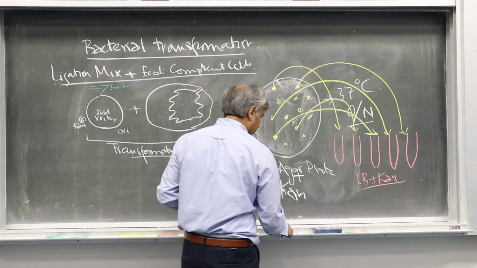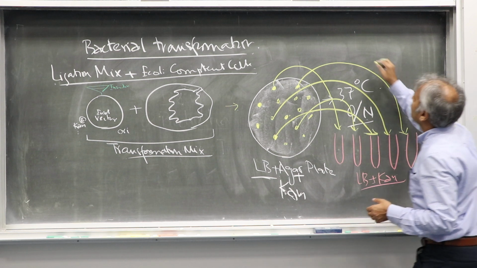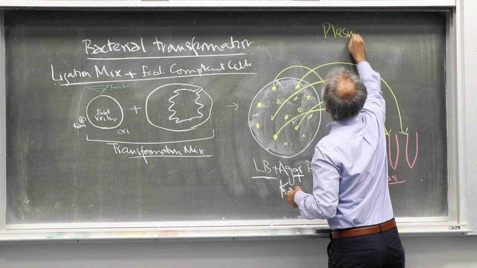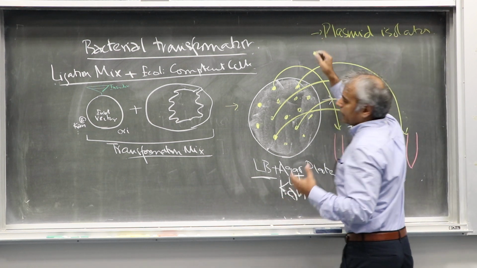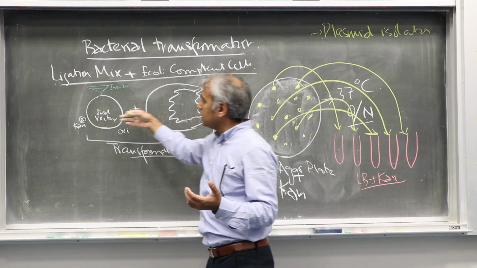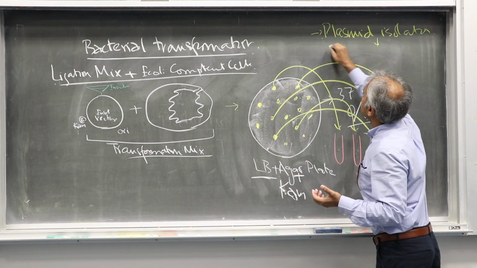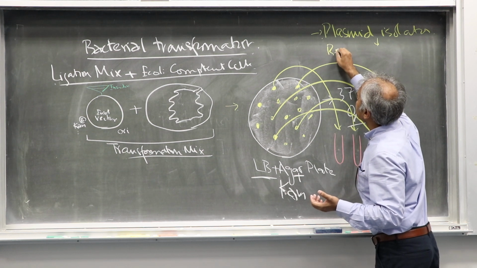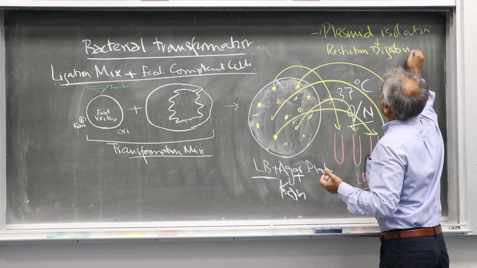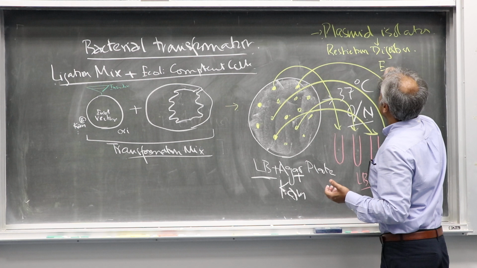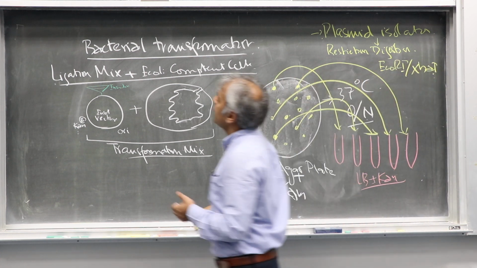Once you have isolated plasmid from these individual colonies, the DNA, basically this plasmid you are isolating from the bacteria, you do restriction digestion of these plasmids with EcoRI and XbaI. You remember why we are doing this?